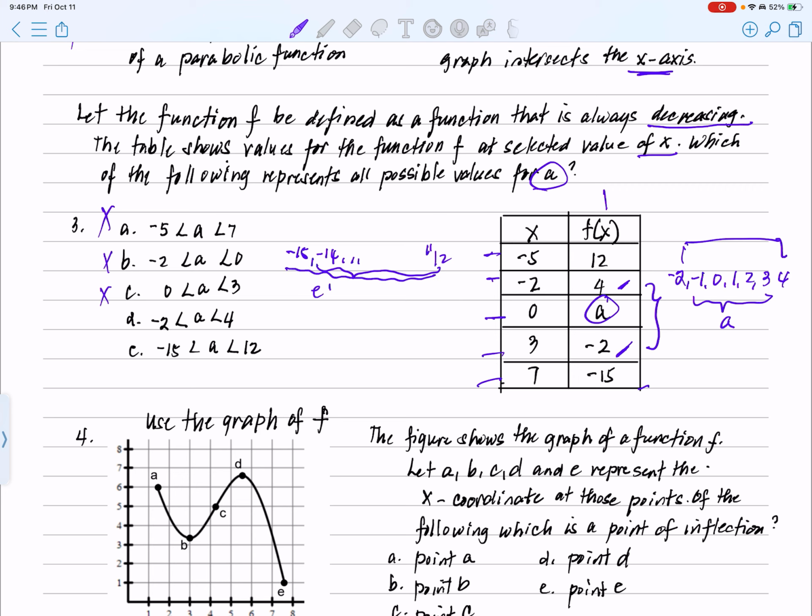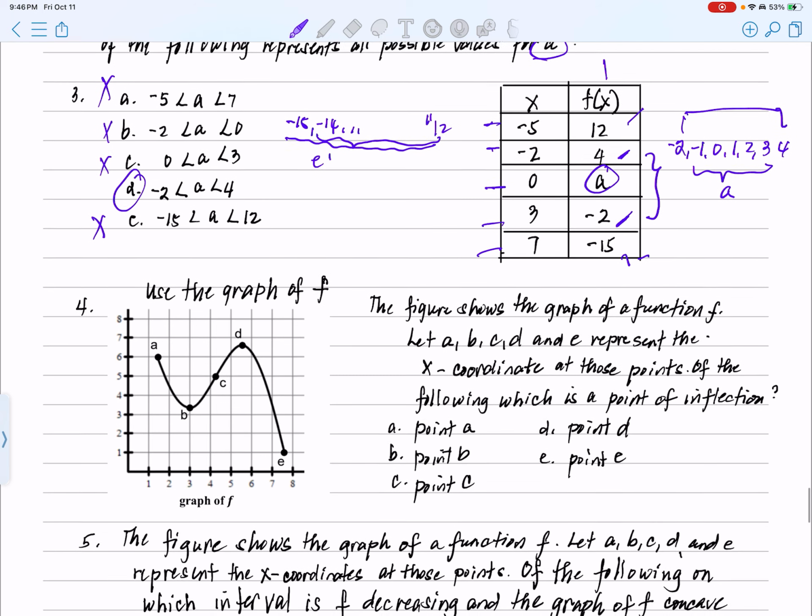If we do that, the possible value of A cannot be 15 and it cannot be 12, and the rest of the numbers that are between 12 and 15. So that means our possible value of A, the function of f at selected value of A, is between -2 to 4. That is the possible value for A.